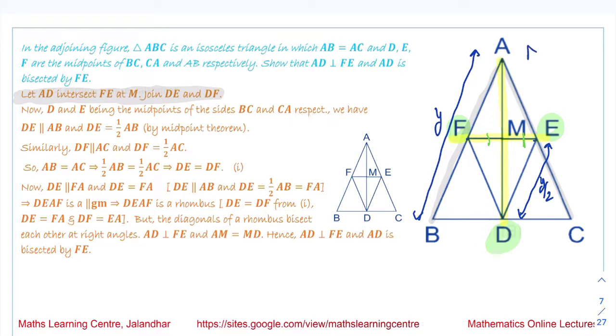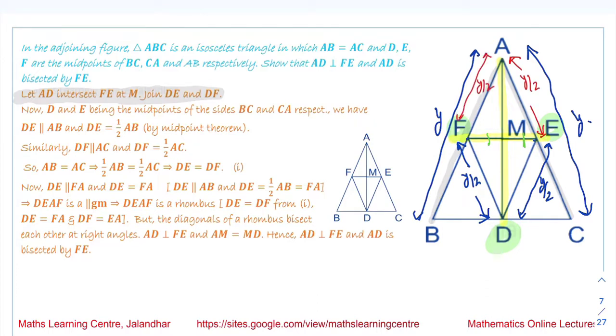Similarly, this length AC is Y, then this length is Y by 2. So these two lengths are Y by 2, and this length is also Y by 2.